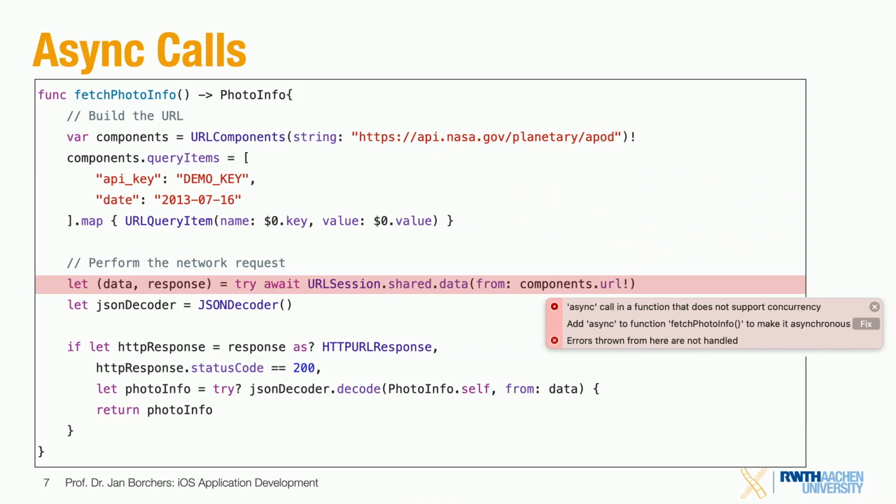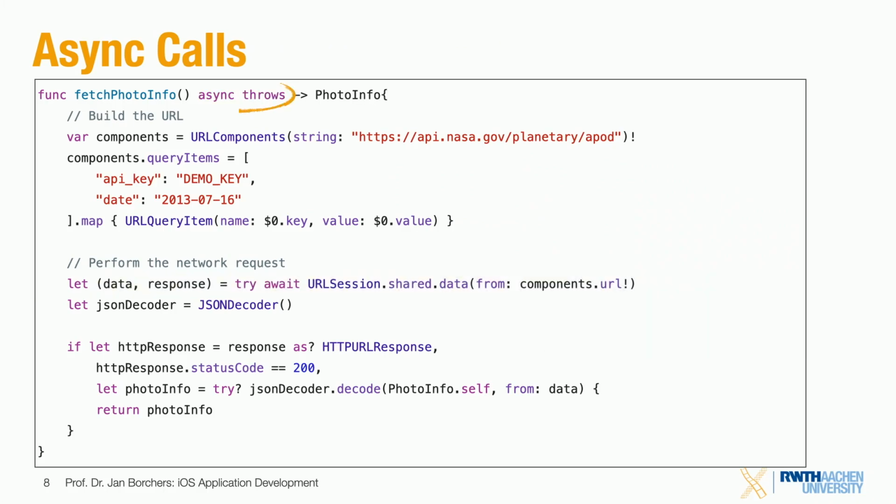So specifying for the function, okay, this will take some time. You need to handle outside that you're waiting for that, or call it in the appropriate manner. And how you do that is by specifying the async keyword in your function definition.